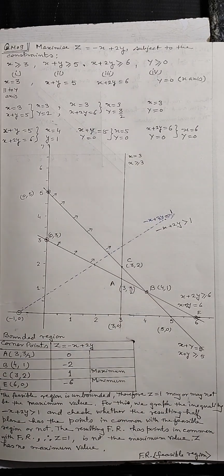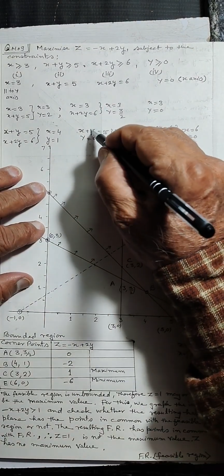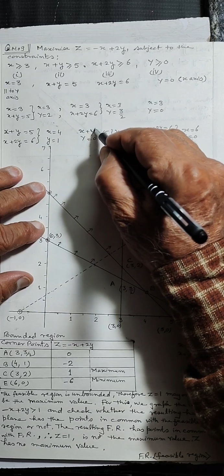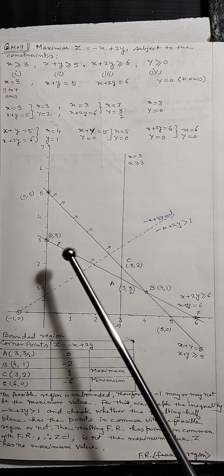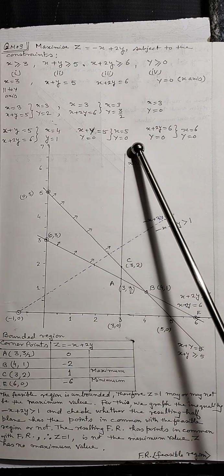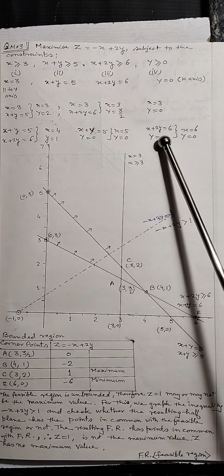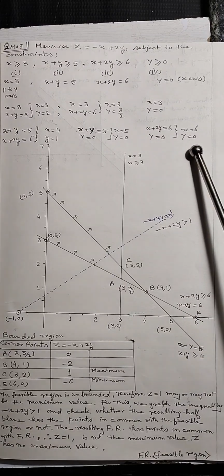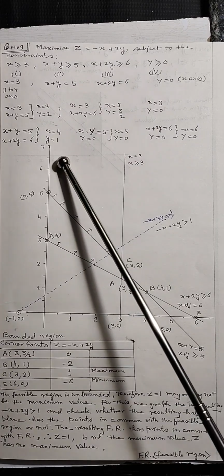Then x plus y equal to 5 and y equal to 0: x equal to 5, y equal to 0. x plus 2y equal to 6 and y equal to 0: x equal to 6, y equal to 0. Now with the help of this data, you can draw the graph.